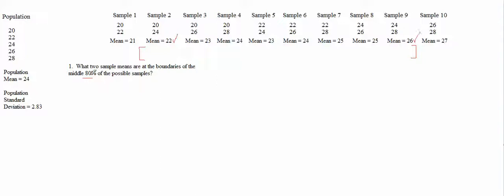Now if I had said 70% of the possible samples, well, 70% actually wouldn't work. 60% would work, because 60% of 10 is 6 out of 10, so you would just find the middle 6, and that would be 1, 2, 3, 4, 5, 6.